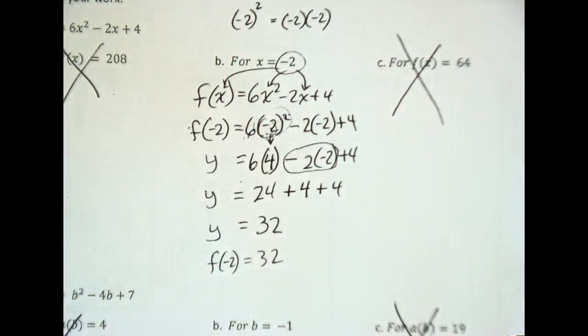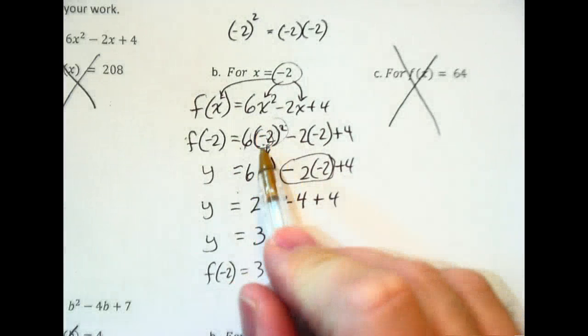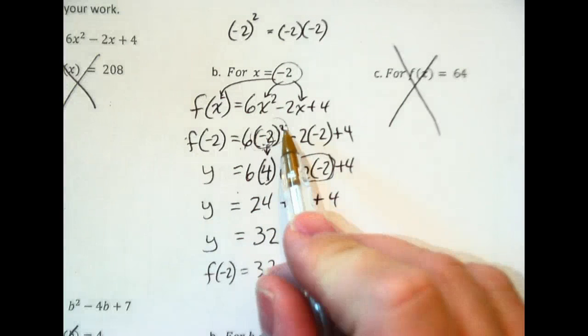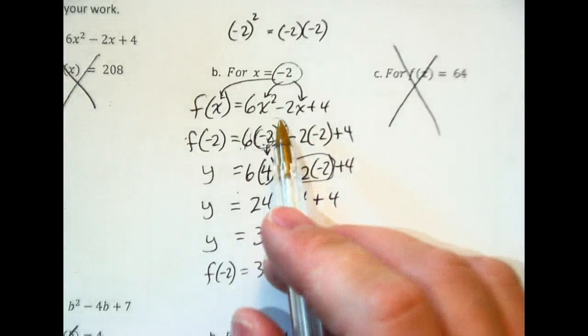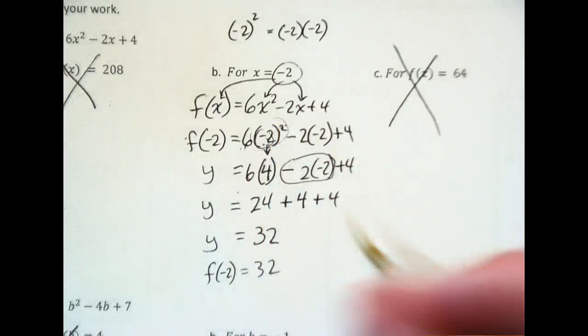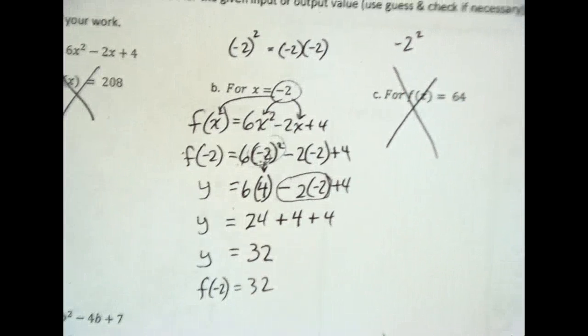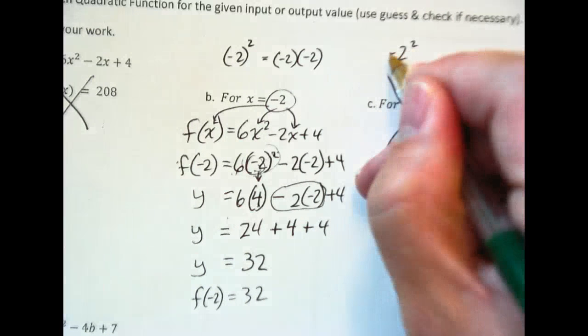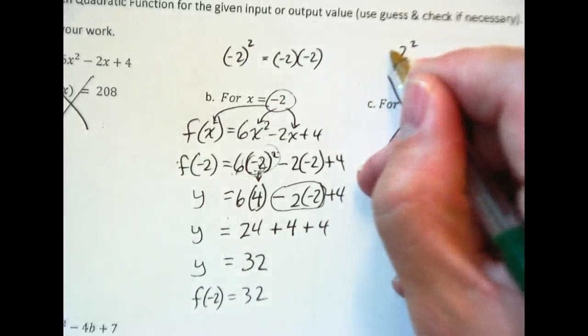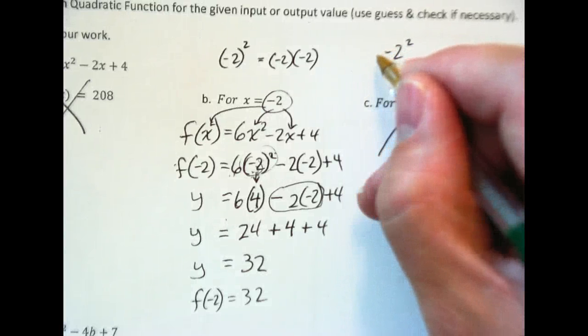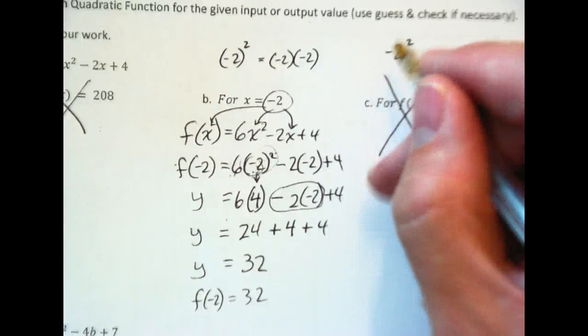If you just threw this into your calculator and didn't put parentheses around that and hit squared, it's going to give you a negative 4. If you actually typed negative 2 squared, it'll give you negative 4 because it's saying 2 squared times negative 1. And that's when students usually go, my calculator's broken. I'm like, no, you just didn't program it right.